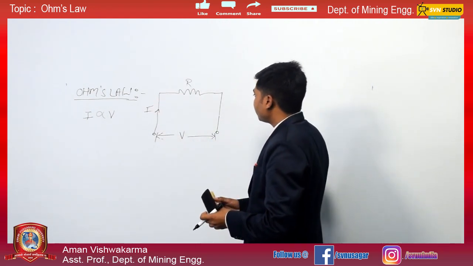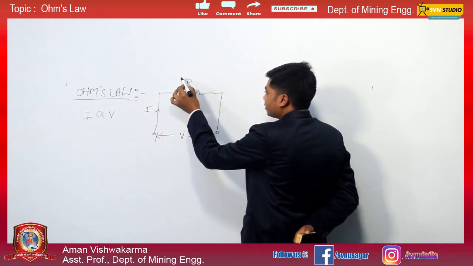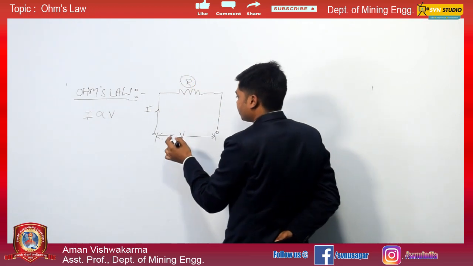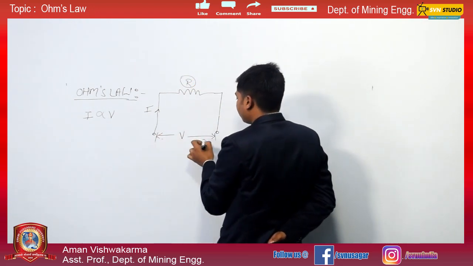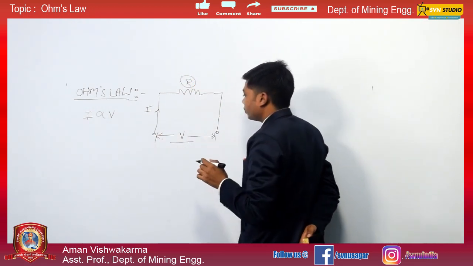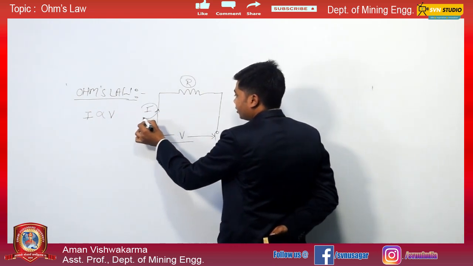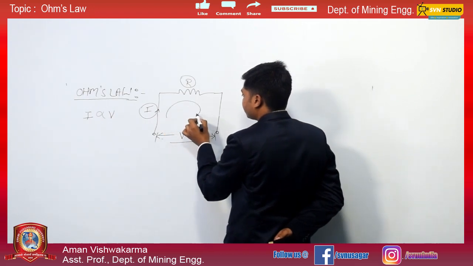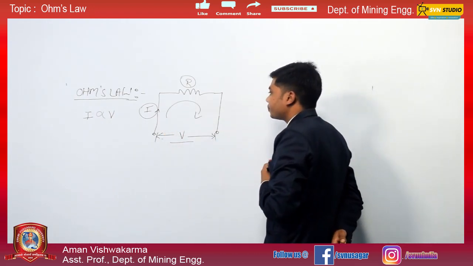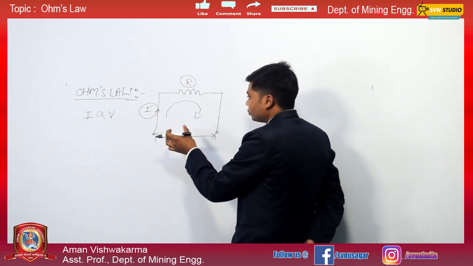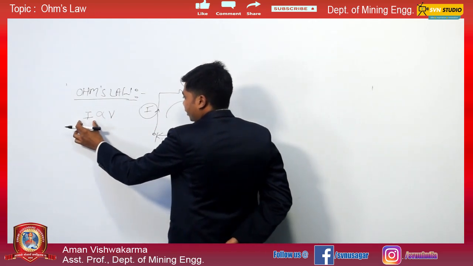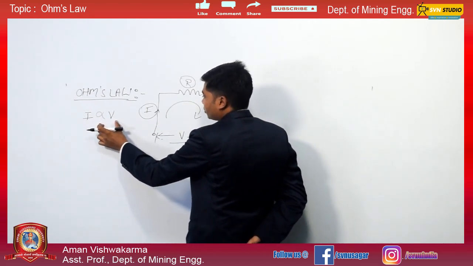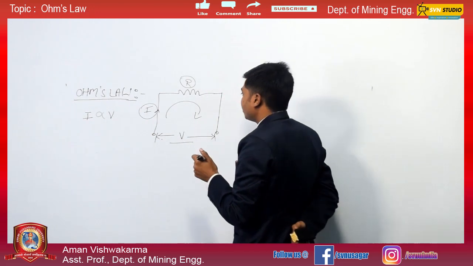There is a resistance R connected in parallel with voltage V, and current I is flowing in the circuit in the clockwise direction. So, according to Ohm's law, the flowing current I is directly proportional to V.